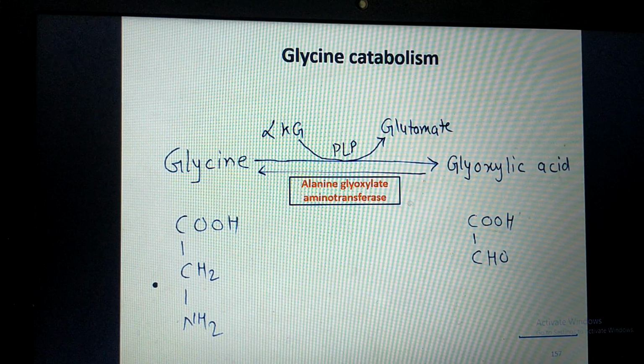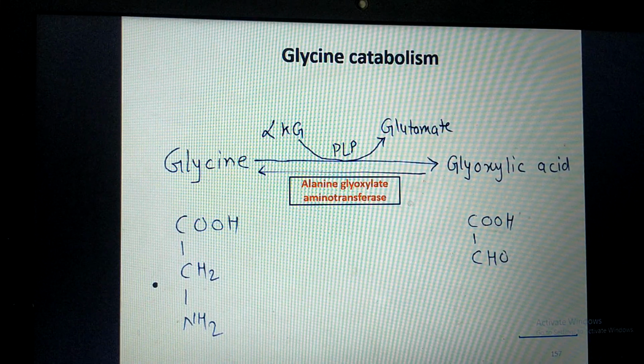So as glyoxylic acid is not converted into glycine, the concentration of glyoxylic acid is increased, leading to secondary hyperoxaluria, because later on that glyoxylic acid is converted into oxalate and it is excreted into the urine.